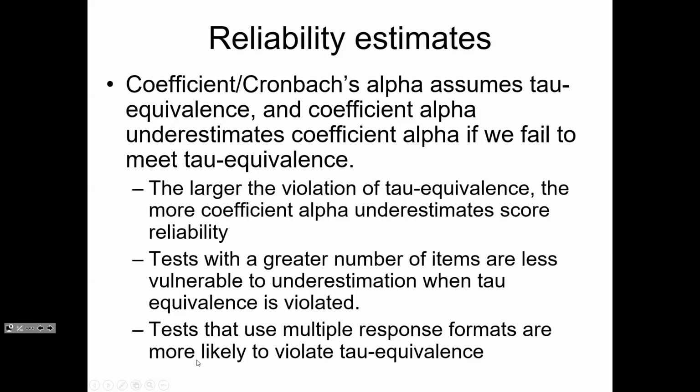Okay, so think about the average inter-item correlations, right? Imagine you have a correlation matrix with a whole bunch of correlations in it. Imagine you've got a single factor, it's unidimensional. I should have started with that: Cronbach's alpha also assumes unidimensionality, right? So we're assuming we've got one factor.